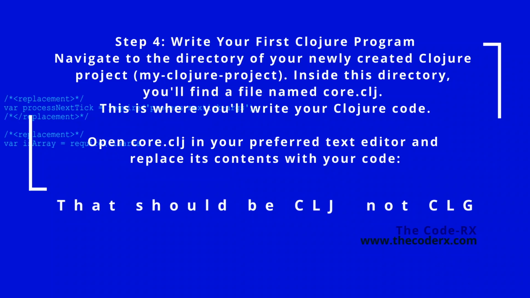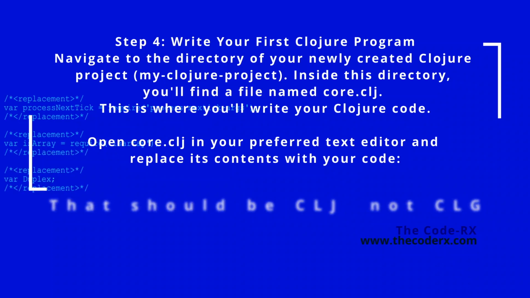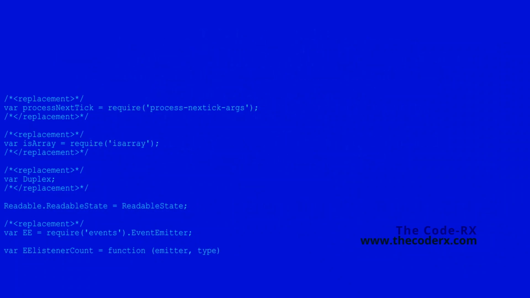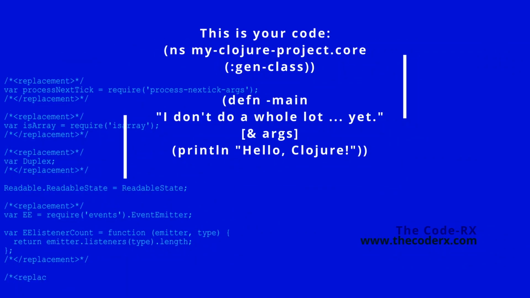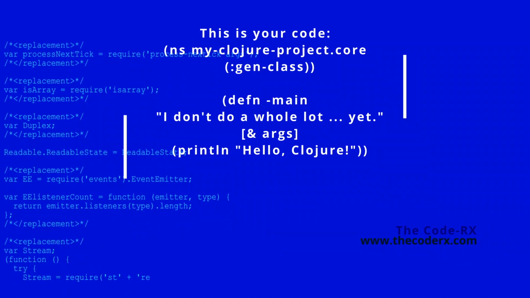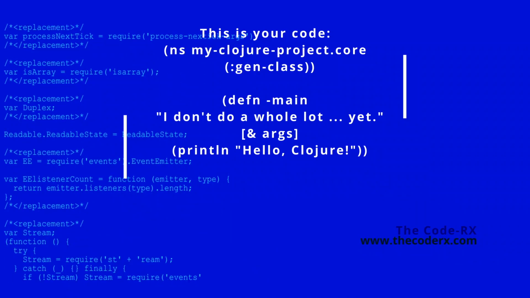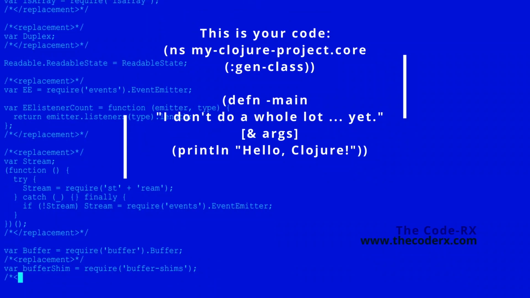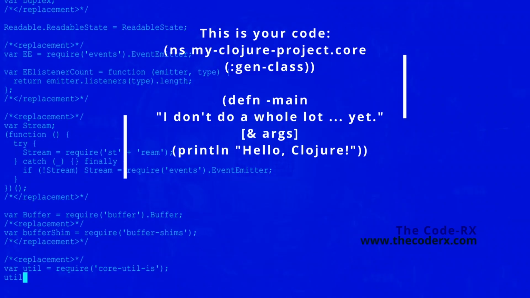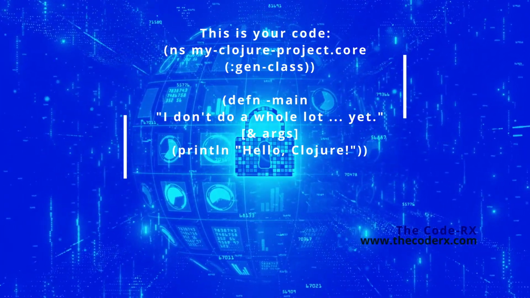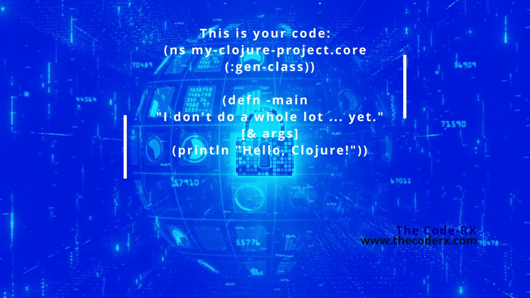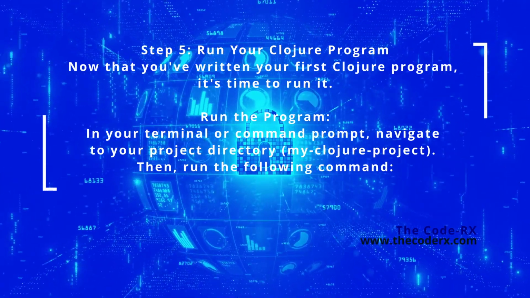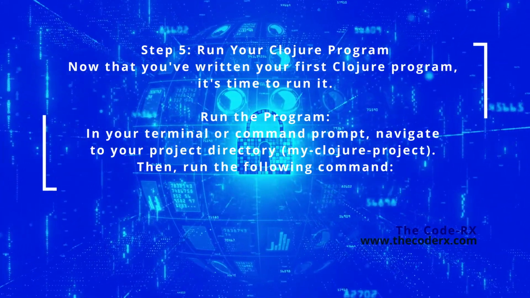So open the core.clj file in your preferred text editor and replace its contents with the following code. Now, if you need more time here, again, please pause the video until you have your code typed and ready to go. And if you're ready, at this point, you can go ahead and run your Clojure program.